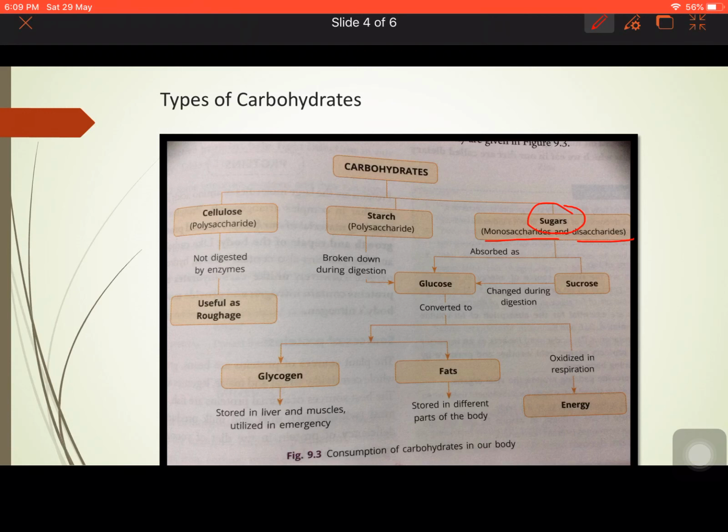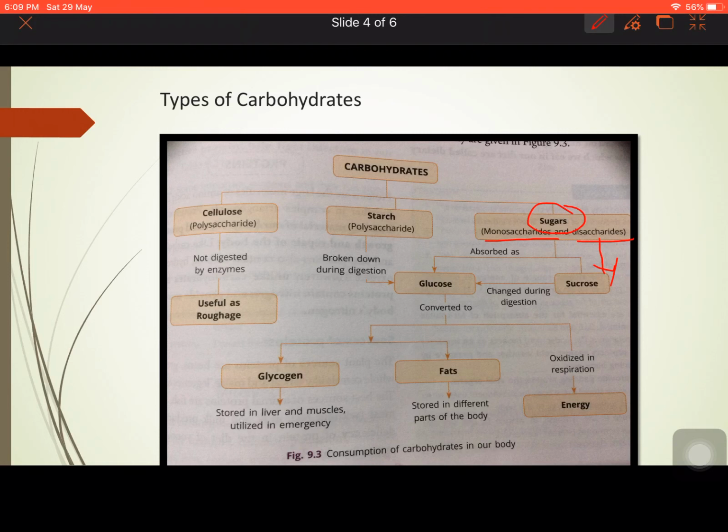Whereas compound sugars come under disaccharides. Sucrose is a common sugar which is usually utilized in homes, and it is commercially produced. It is obtained from sugarcane or sugar beet. Now, it is a combination of what? It is a combination of glucose and fructose.